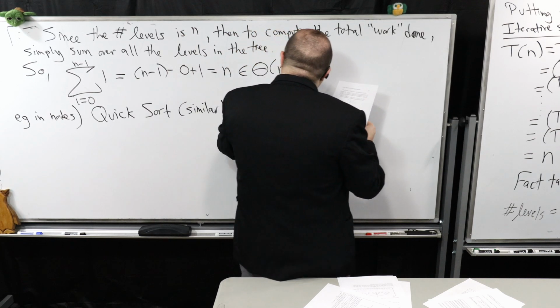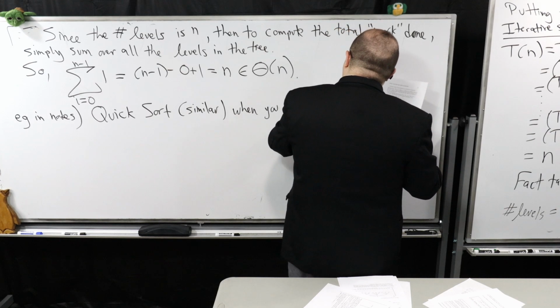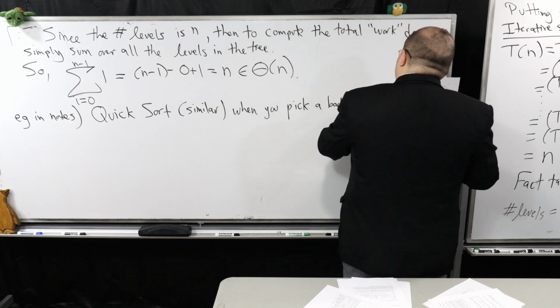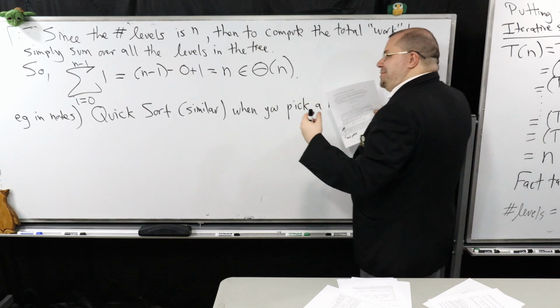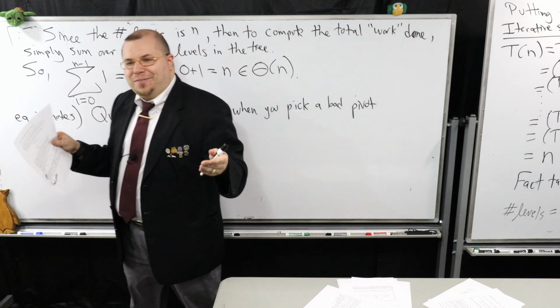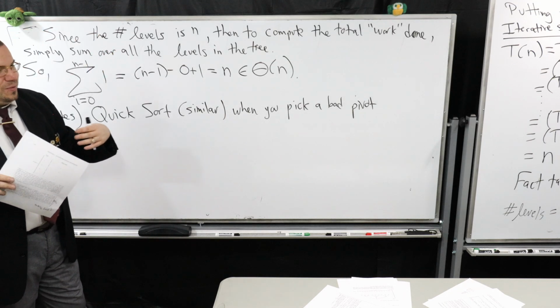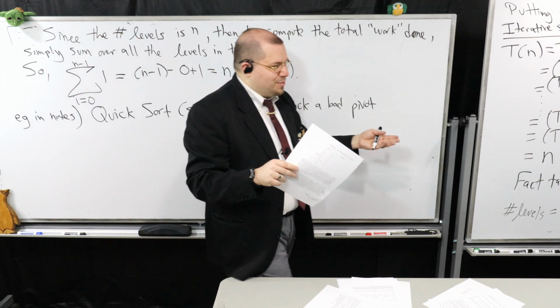You pick a bad pivot in the worst case. Recall in the worst case of quicksort, when you do this partitioning process, you end up with a pivot where you have nothing on one side of the two buckets, then you have all the other elements in the other one.